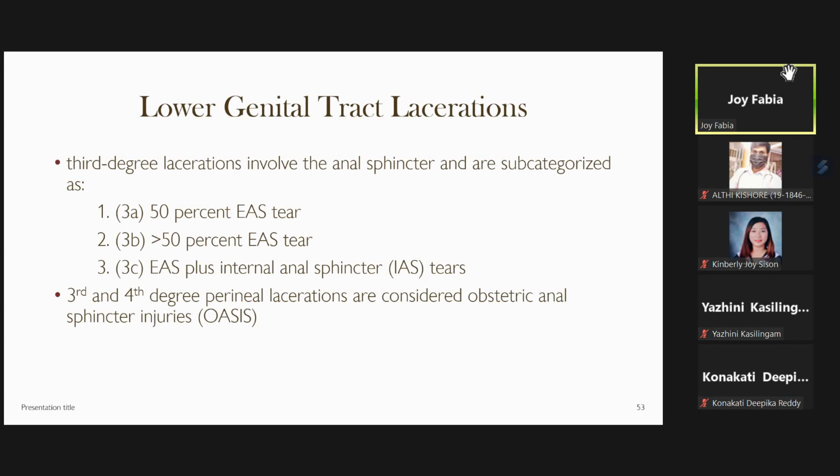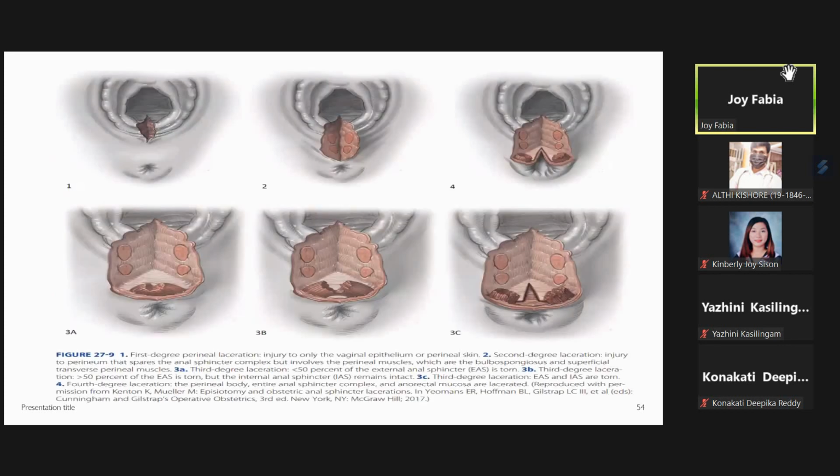affected. So the third and fourth degree perineal lacerations are the ones considered part of the OASIS, or the obstetrical anal sphincter injuries. So these are the different degrees of perineal laceration.